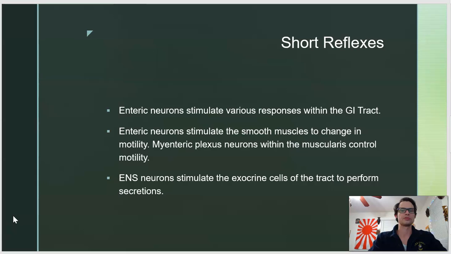These smooth muscles change from the influence of these short reflexes for the mechanical digestion. And these neurons can also stimulate exocrine cells of the tract to perform their secretions.